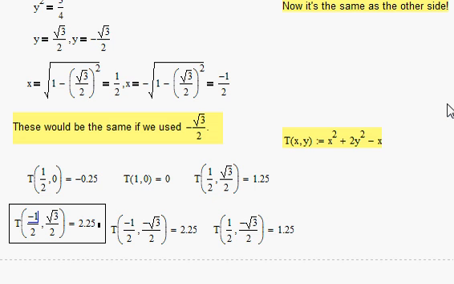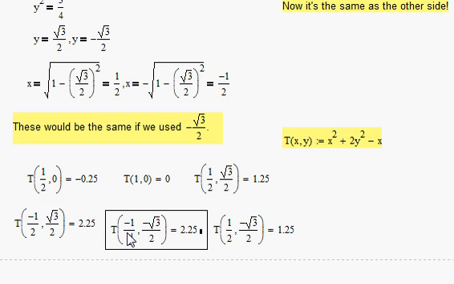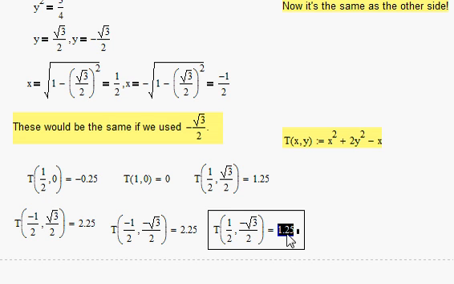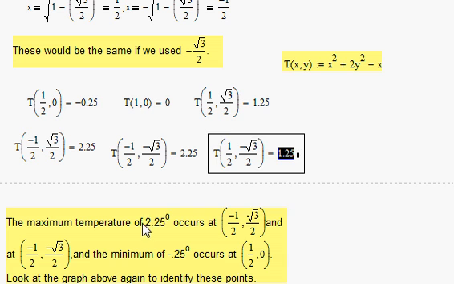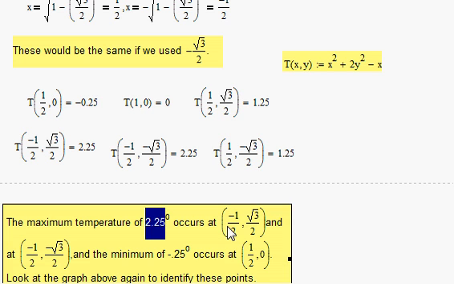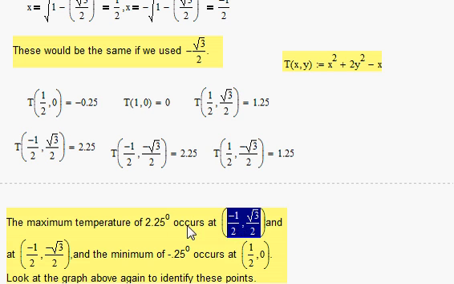So 7/4 plus another 2/4 makes it 9/4, or 2.25. Similarly, this one comes out 2.25, and this one comes out 1.25, and we know from that the maximum temperature of 2.25 occurs at two different places, here and here.